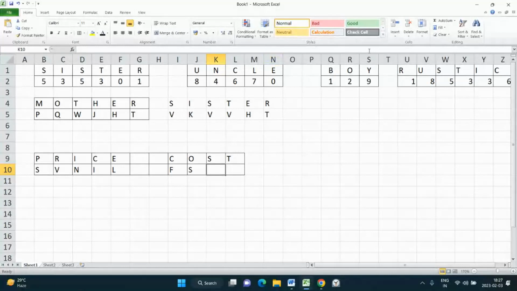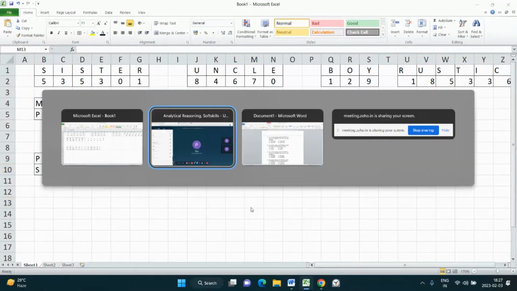So S 1, 2, 3, 4, X. C is I. 1, 2, 3, 4, 5 in between. So 1, 2, 3, 4, 5. This is Z. How many of you got it right?